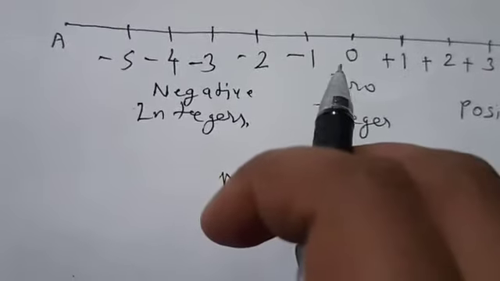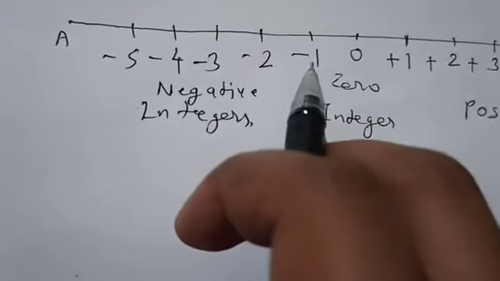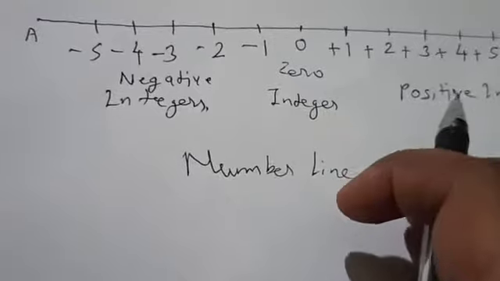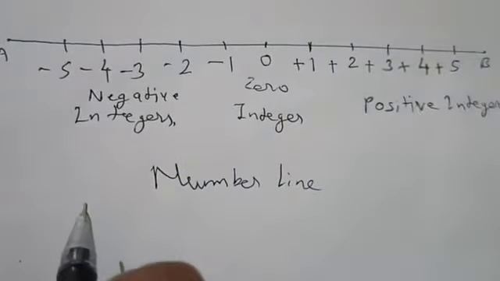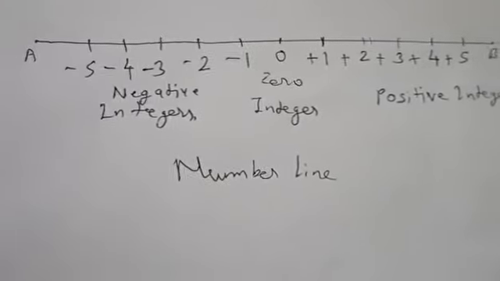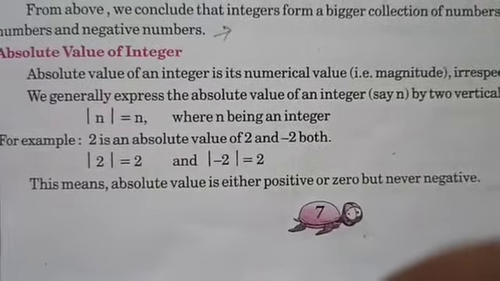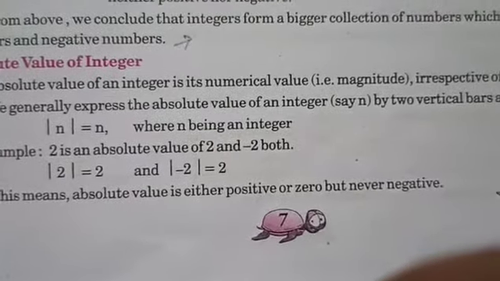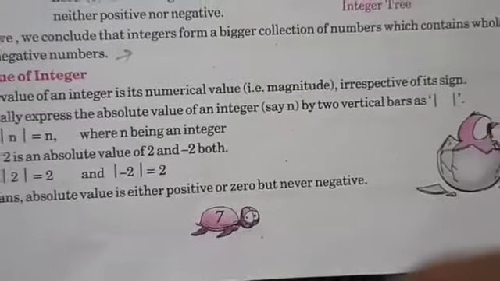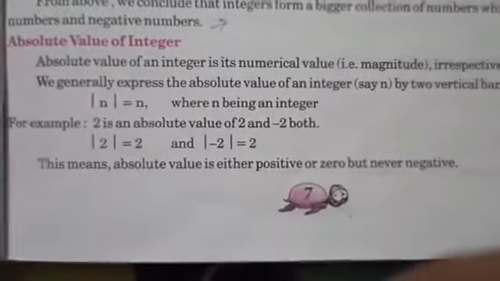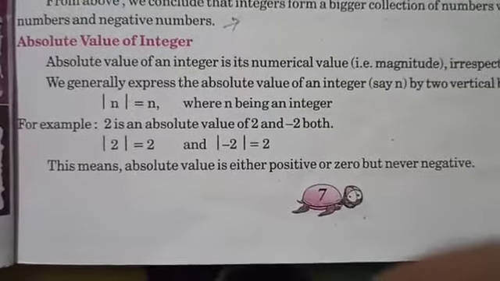Here the greater is -1. -1 is greater than -2, just opposite of positive integers. From above, we conclude that integers form a bigger collection of numbers which contains whole numbers and negative numbers.